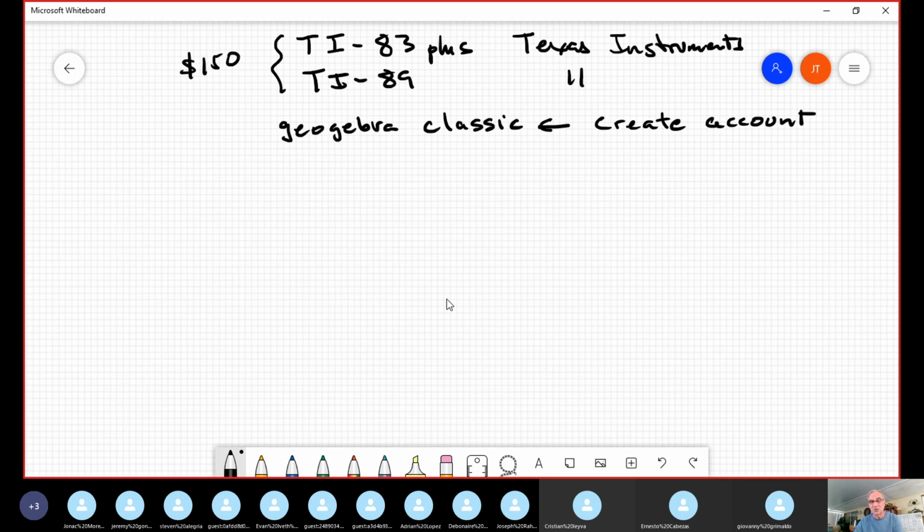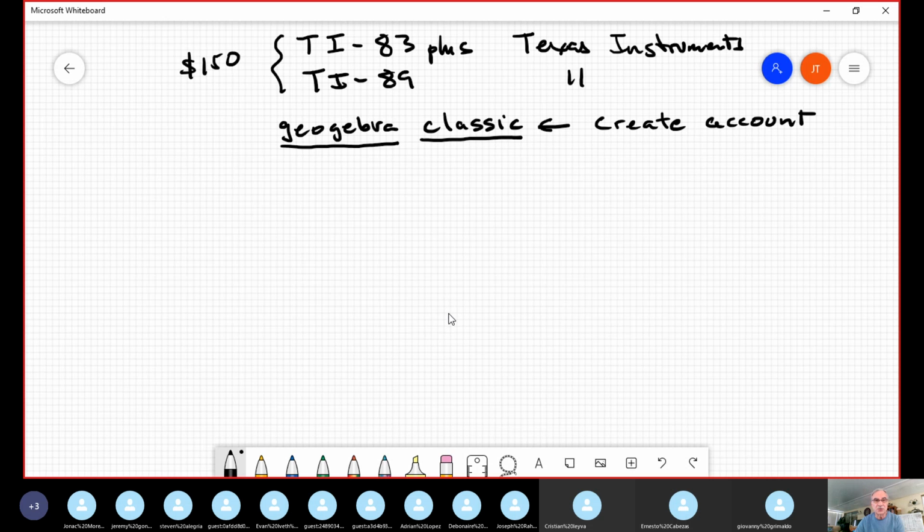It's similar to Desmos. But GeoGebra Classic, be careful because there are several options. You go to the www, GeoGebra Classic, click here. No, not today. I want to show you next.